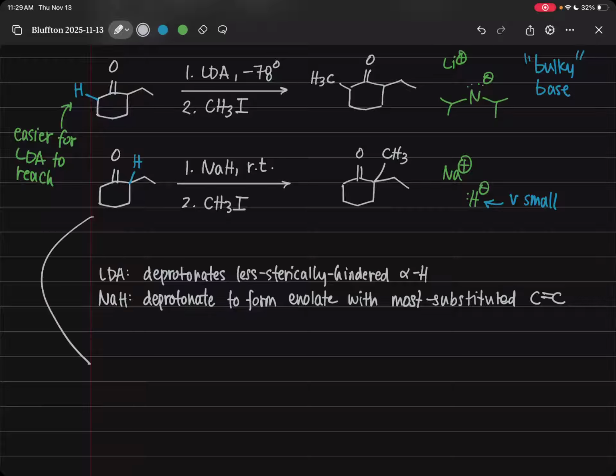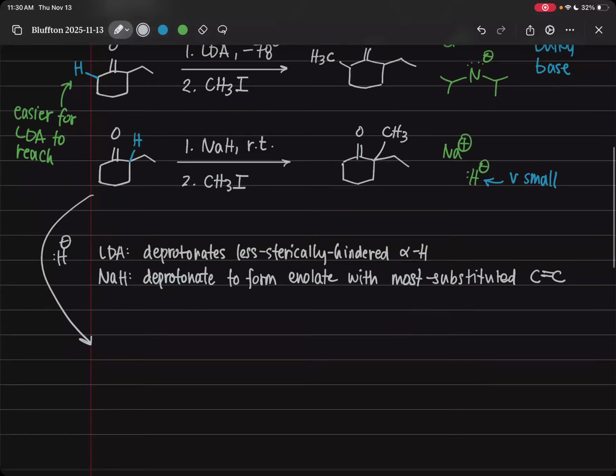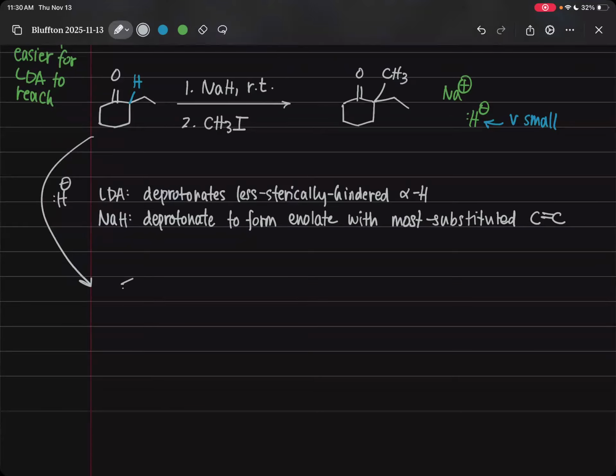And so if we use hydride to deprotonate that molecule like so, we're going to get that initially. So that's the first step. And then we do our resonance structure of the enolate.